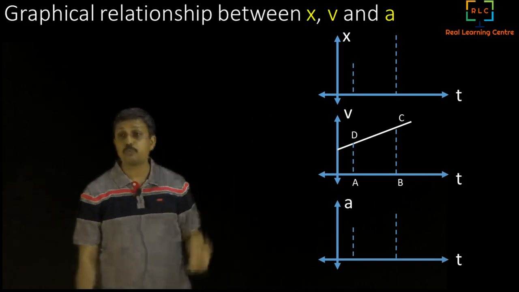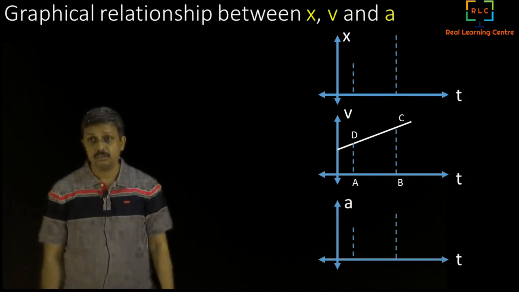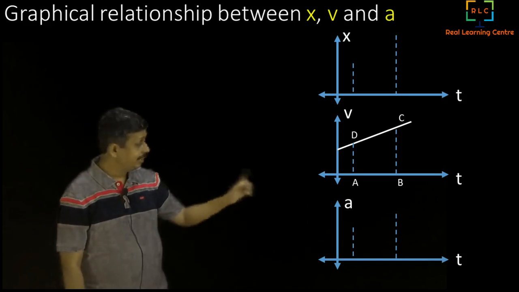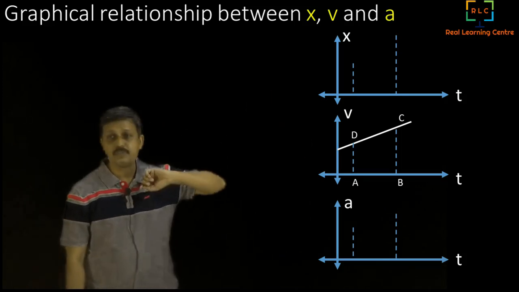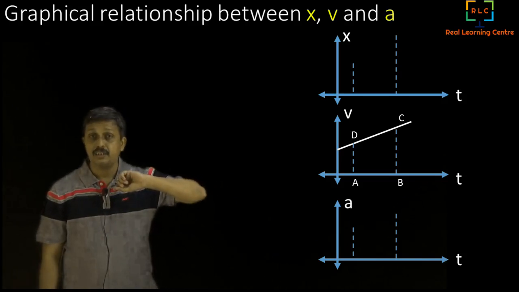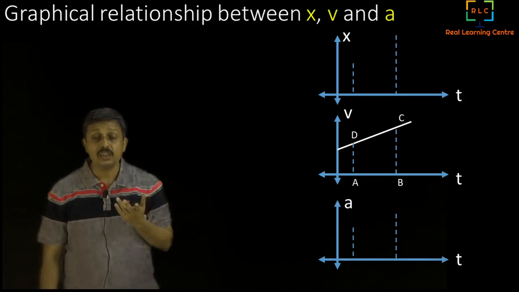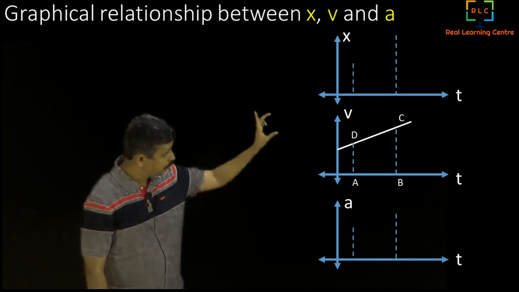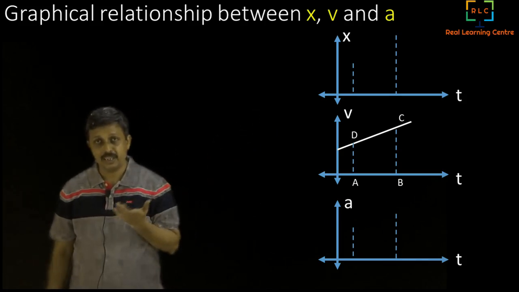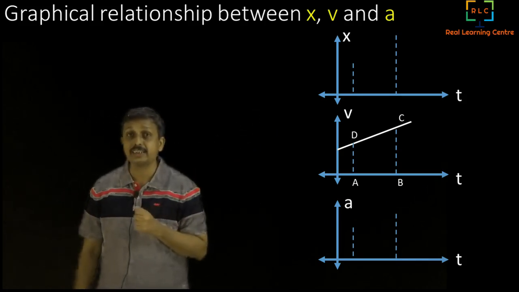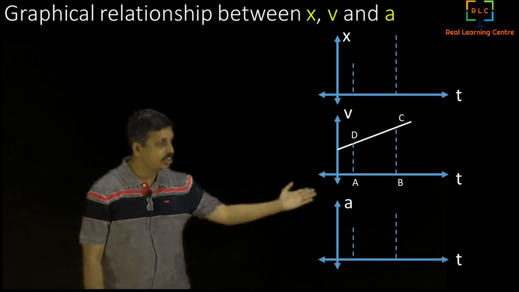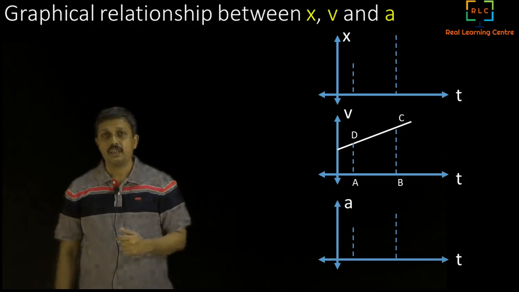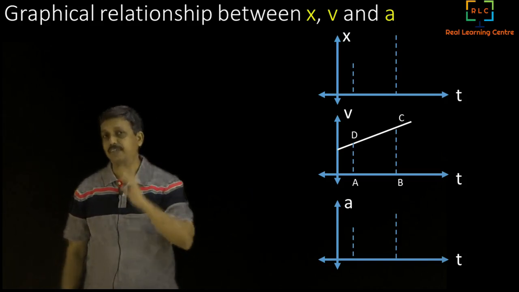That is what we are going to plot on top. At point B we should show the total displacement from A to B, and somewhere in the middle the displacement will correspond to that time. Like that we should be able to plot the XT graph. And for the AT graph we have to show what the acceleration is at each point in time. Let us do the AT graph first, that is simpler.